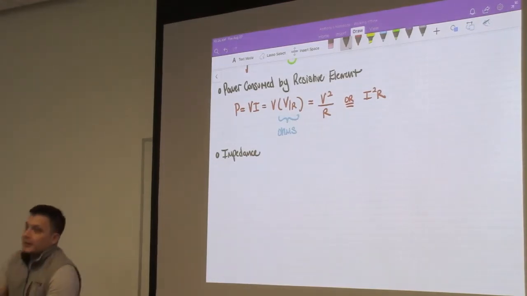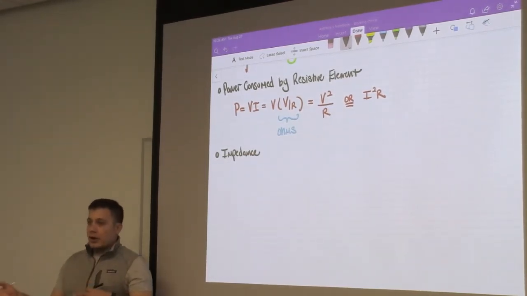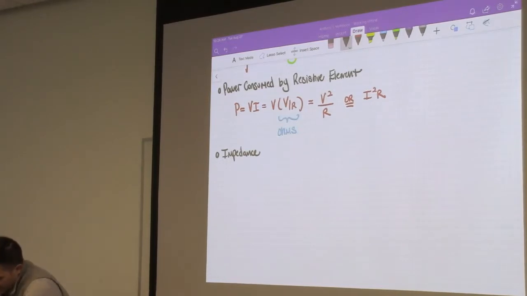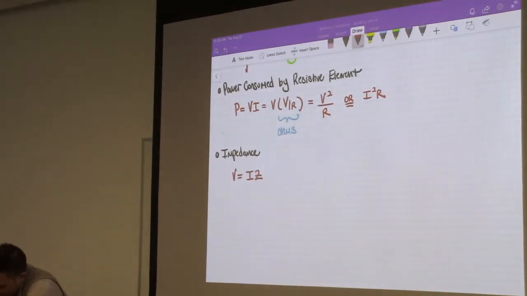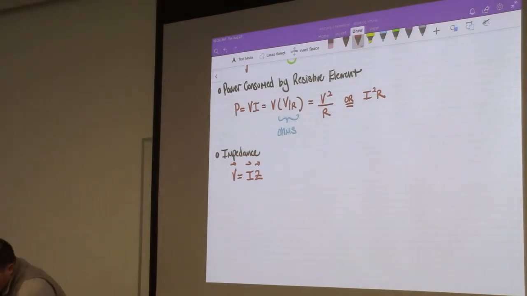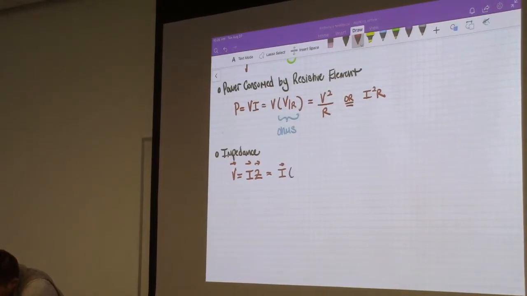We keep saying V equals IR, but that's actually not the full story. That's a description we can use for DC systems. For AC systems, we have to use V equals I times Z, where these are all vectors, one way of representing the AC waveforms. That's the same as saying I times R plus JX.